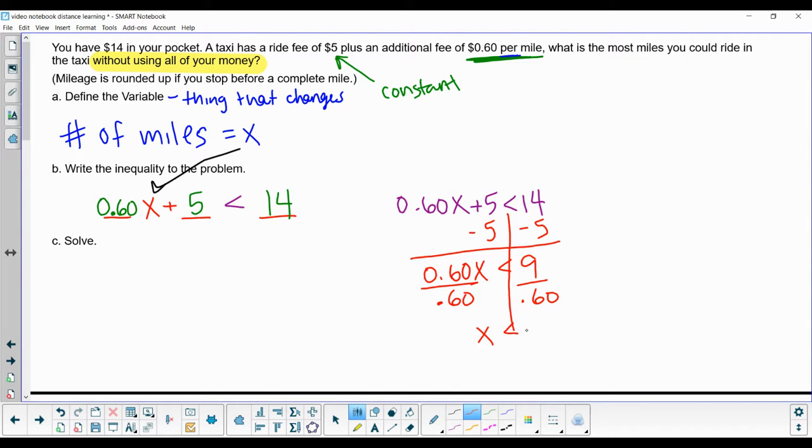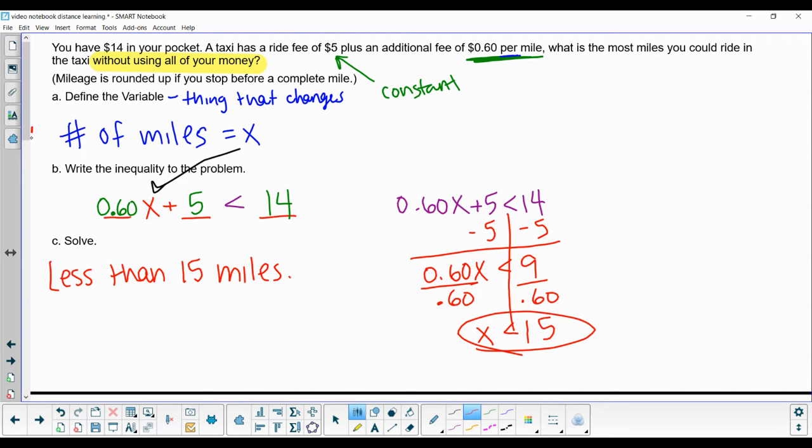And I get x is less than 15 miles. I want to make sure I write my sentence, because I don't really know what it means when it says x is less than 15. But think back to our variable: number of miles. So I can have less than 15 miles. And that answers my problem.